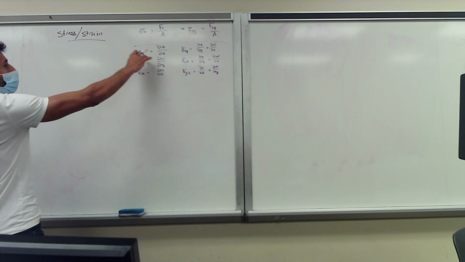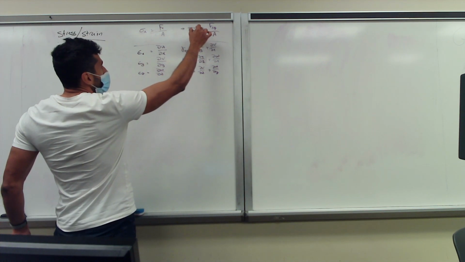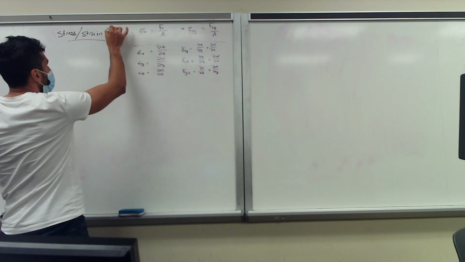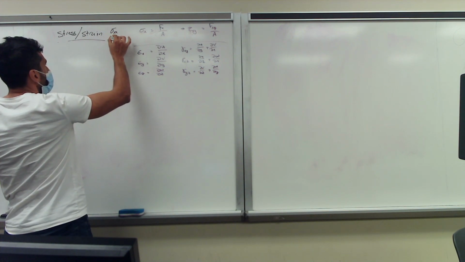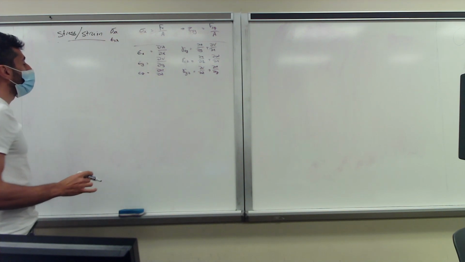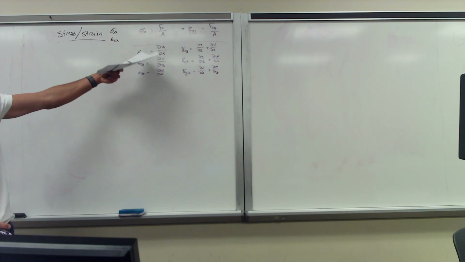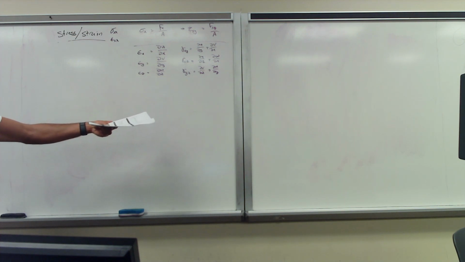One more notation, by the way. Again, just convention. You will see a couple of notations like sigma xx and epsilon xx. Basically, when we have double repeating subscripts, we tend to just ignore the second subscript.